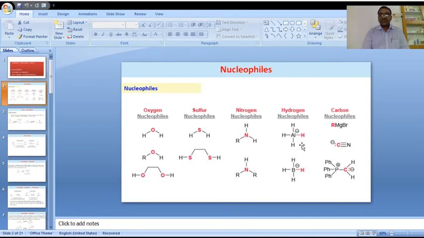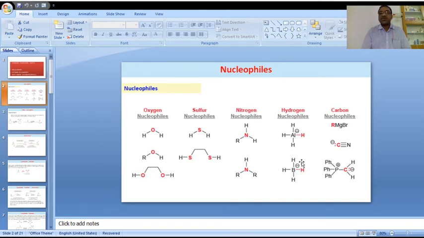It produces the H minus ion nucleophile. That H minus attacks the carbonyl carbon, generally from this aluminum tetrahydride, lithium aluminum tetrahydride, actually LAH.